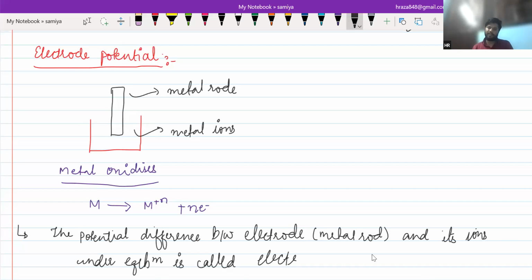And you can see oxidation taking place, so you can also call it oxidation potential.